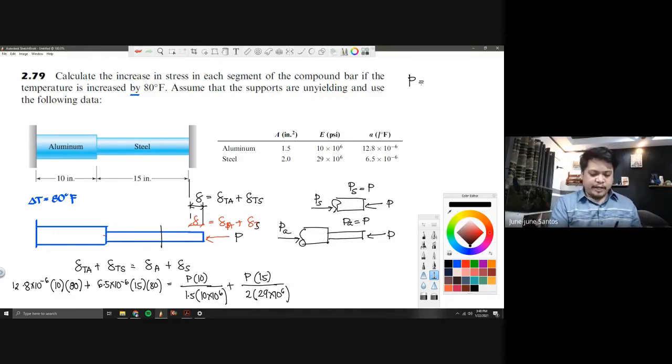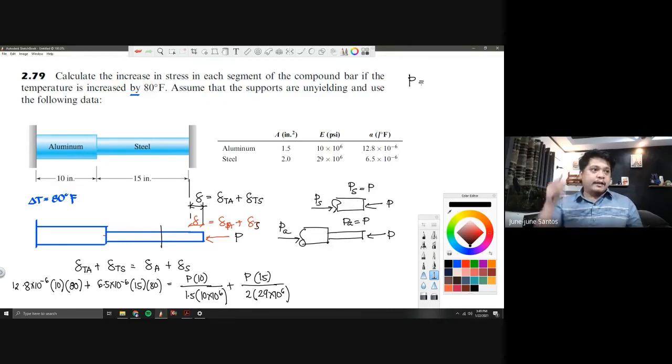So, 12.8 times 10 to the negative 6 multiplied by 10 times 80 plus 6.5 times 10 to the negative 6 multiplied by 15 times 80 equal to 10P all over 1.5 times 10 raised to 6 plus 15P over 2 times 29 times 10 to the 6.